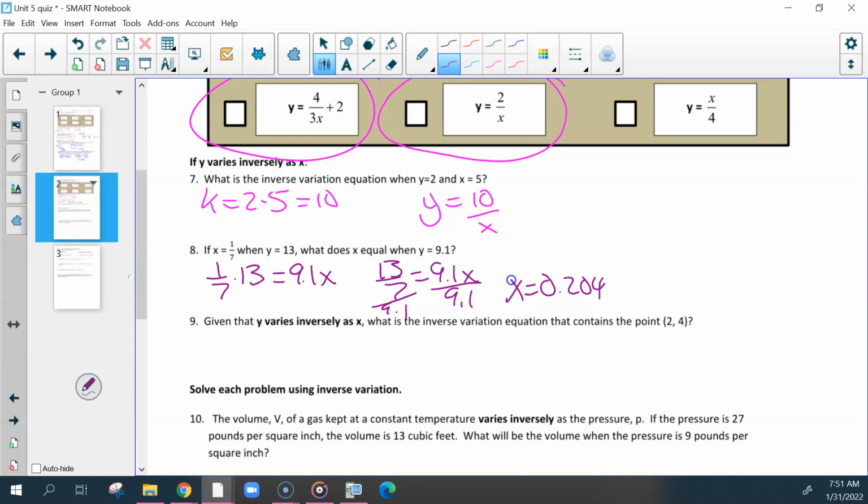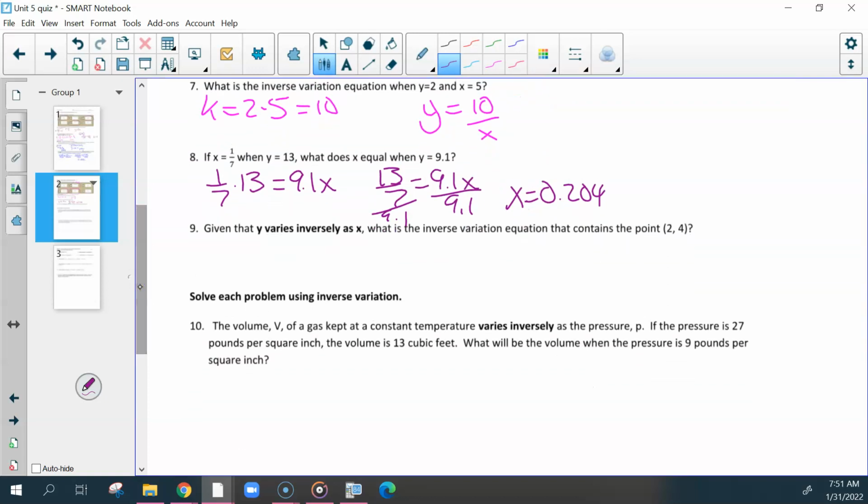Anyone want to see this done the other way? So I would say if you get one like this, set them up as equations because it's less fraction within fraction you have to deal with. But it could be done the other way as well.